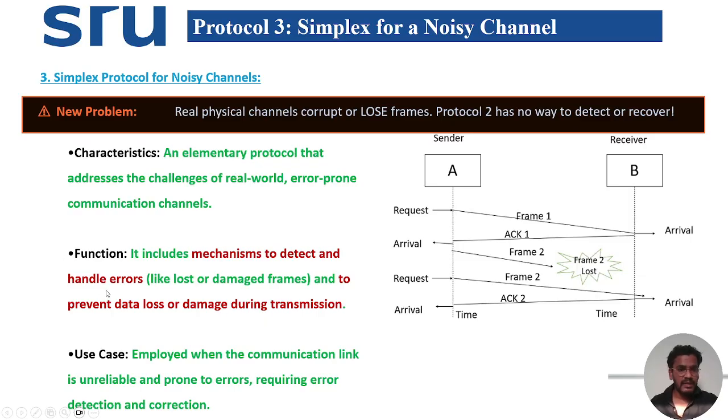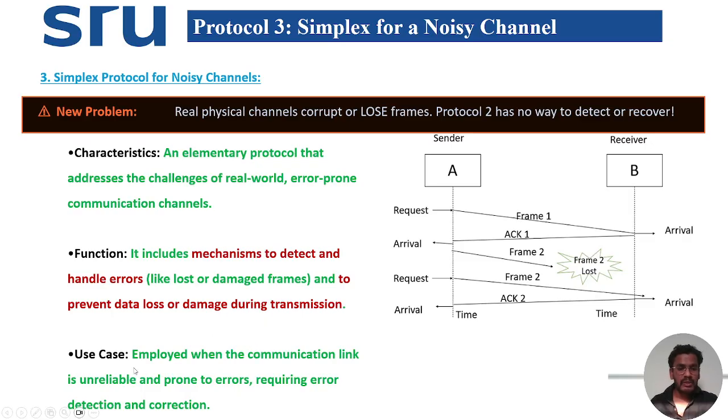So the function is that it includes a mechanism to detect and handle errors like lost or damaged frames, and to prevent data losses or damage during transmission. While transmitting the data, any losses may appear or frames may be damaged. To avoid or prevent the data losses during transmission, we use these noisy channel protocols.